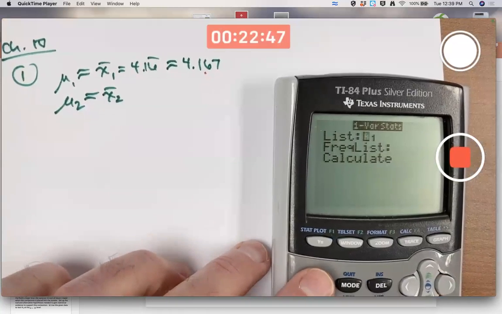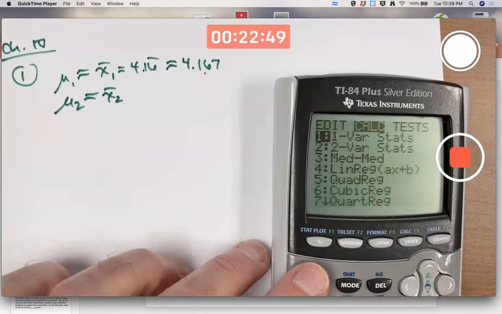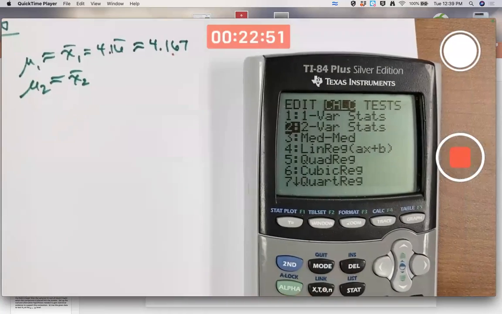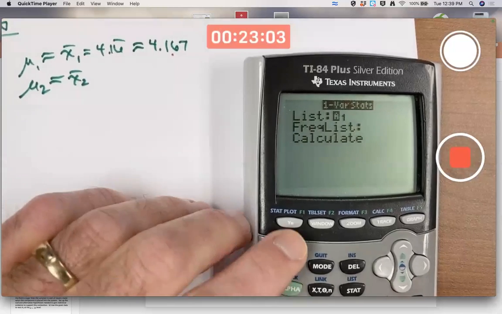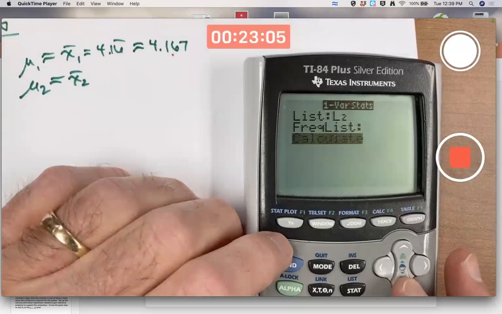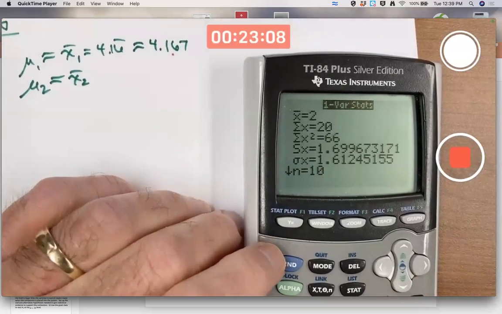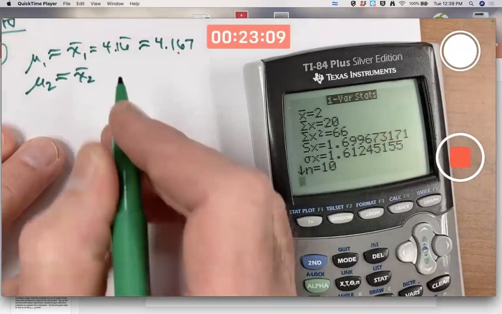Don't do the 2 variable stats, by the way. Don't do that one. That's reserved for samples that are the same size. So still do the 1 variable stats, but now change the list name. X2 bar comes out nice and simple to be 2.